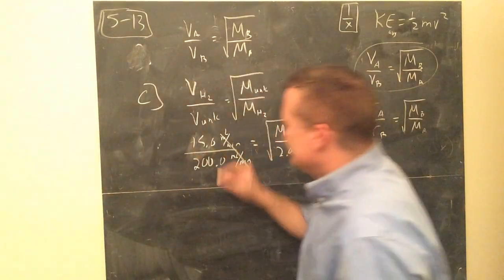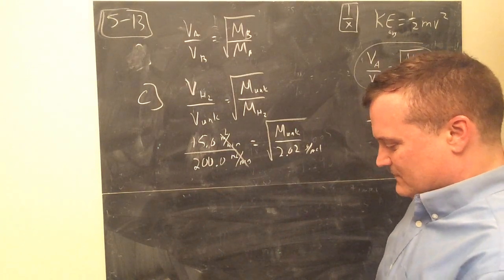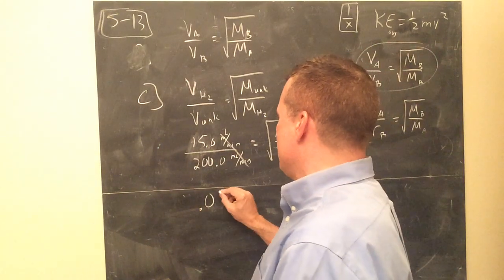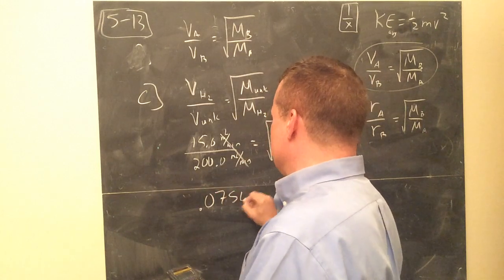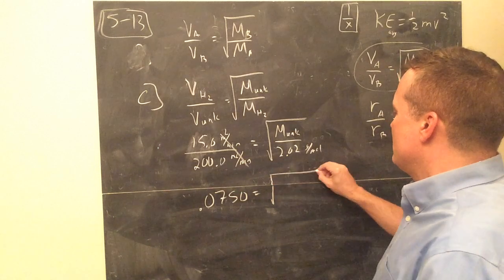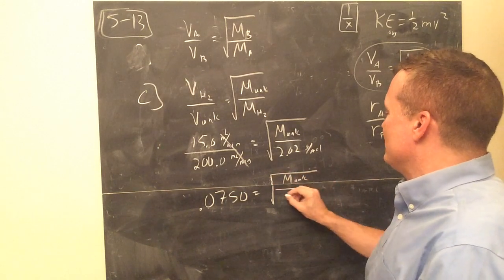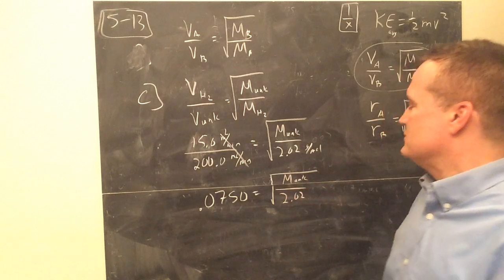All right, so 15 divided by 200 is 0.0750 with sig figs, equals the square root of the mass of the unknown over 2.02.